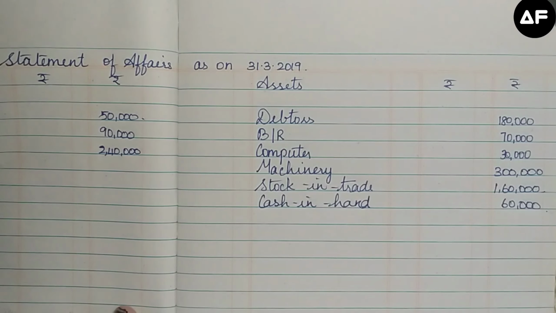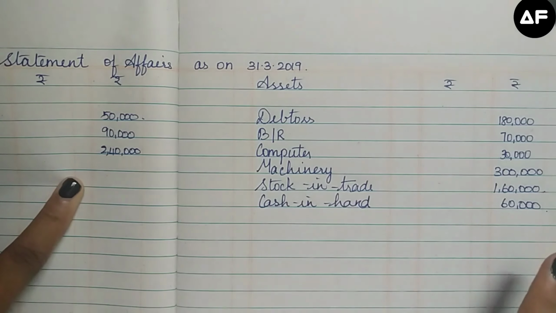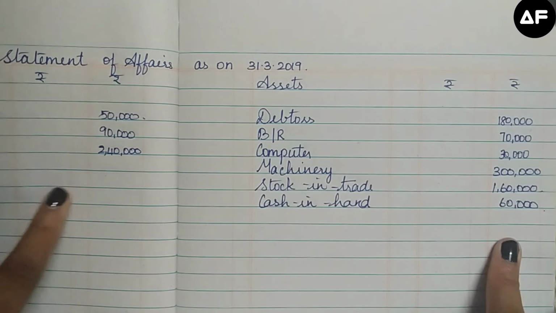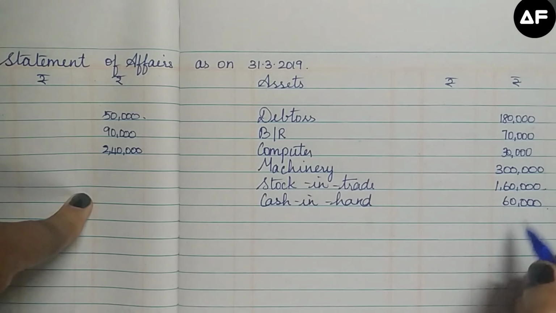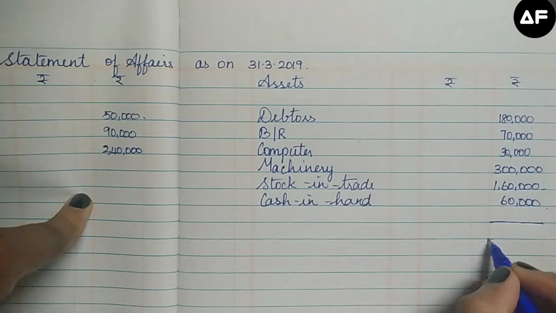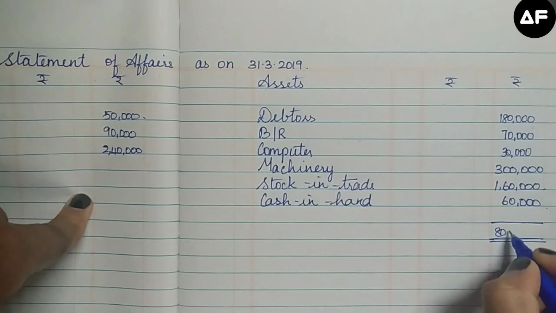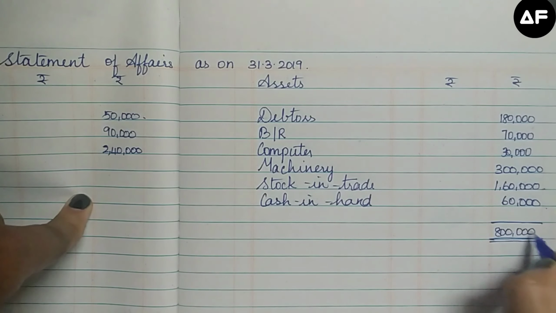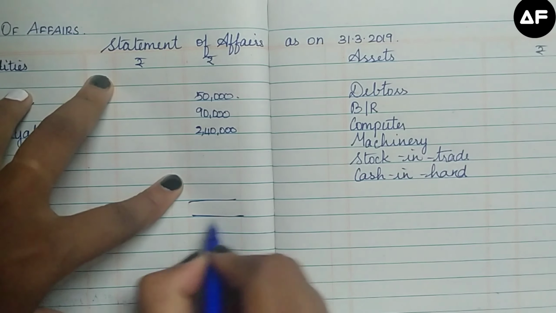Now our next step is going to be add up the liability side and add up the asset side. So when I add up the asset side, I get a total of 8 lakhs, whereas my liability side sums up only to 3,80,000. So first I give the grand total, that is the highest amount or the greatest value, that is 8 lakhs. So I write that 8 lakhs on both sides of my assets and my liabilities in the same line.